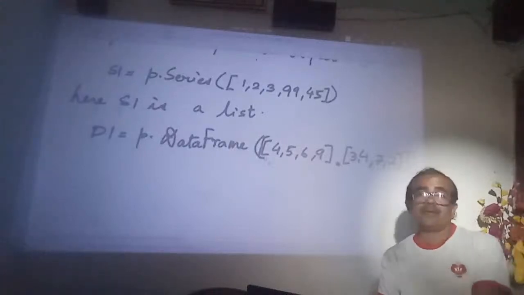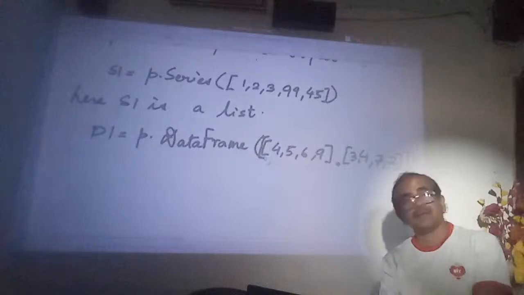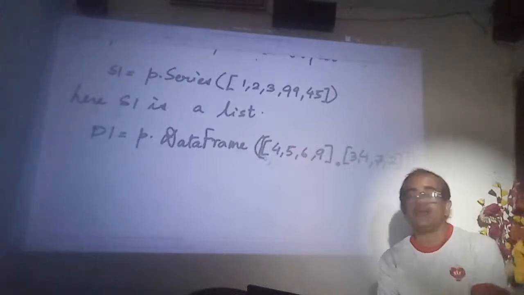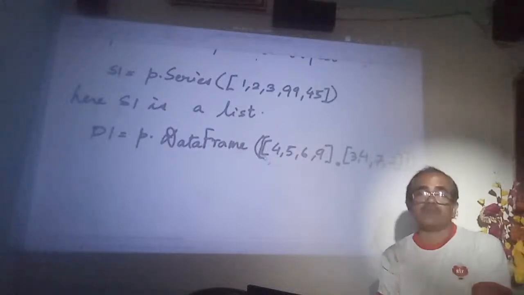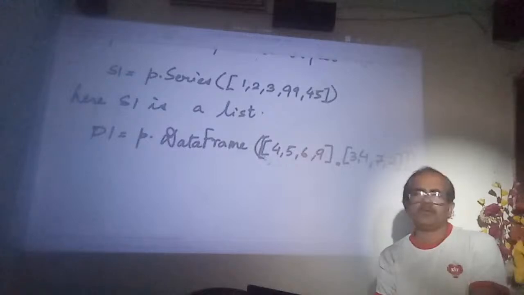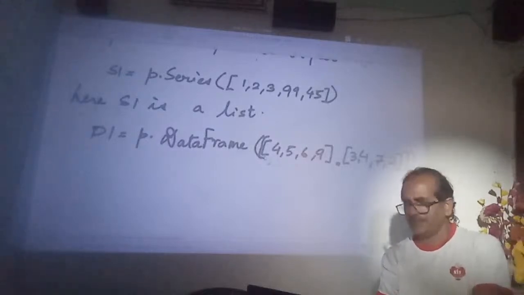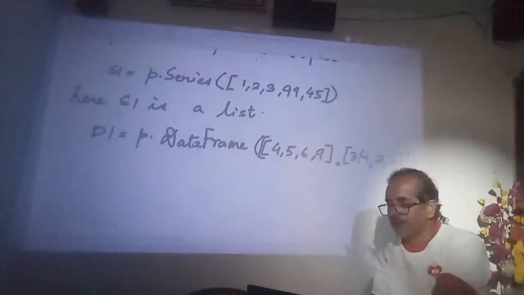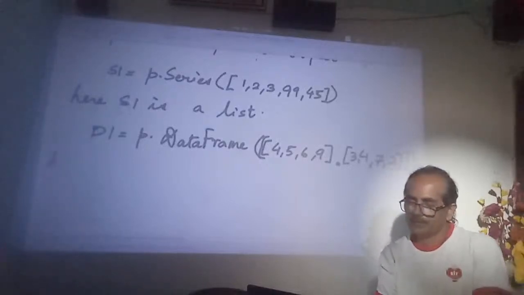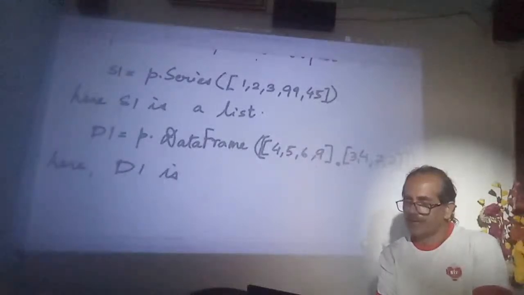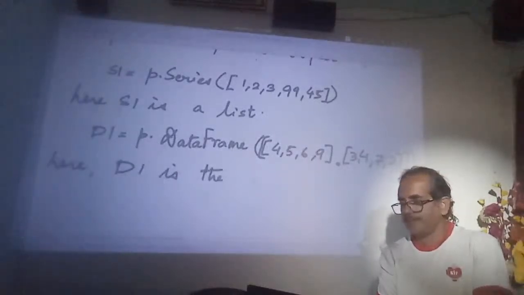Along with that, the indices you can specify explicitly, the column heads you can specify explicitly, and all those things you can give. Now here D1 is the data frame.